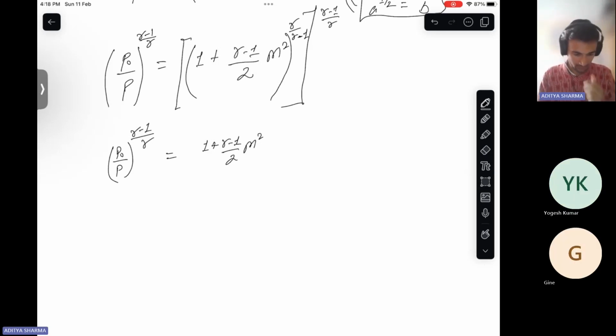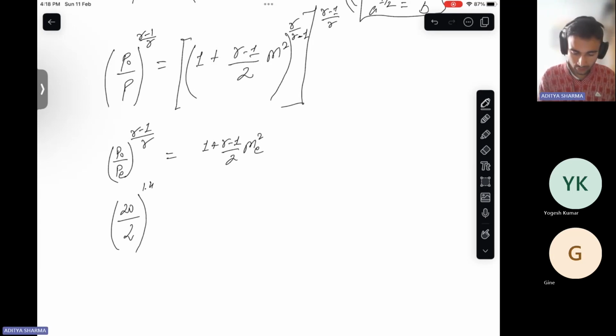Okay. So, because we are concerned with this exit Mach number, we have P naught as 20 and P is given as 2 bar, right? And gamma is 1.47, if I'm not wrong.